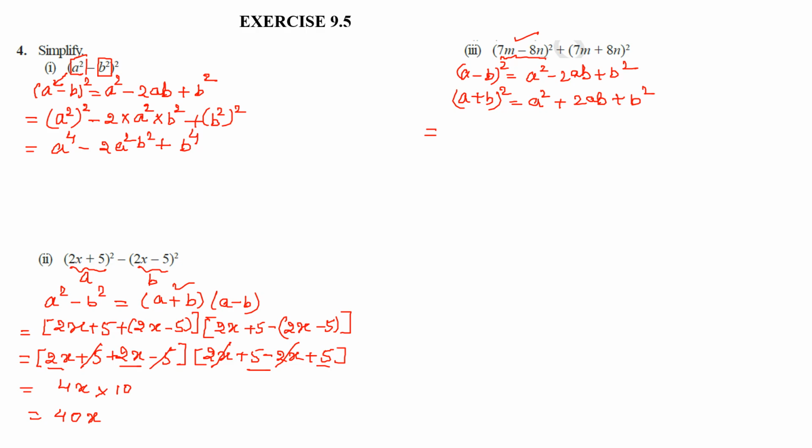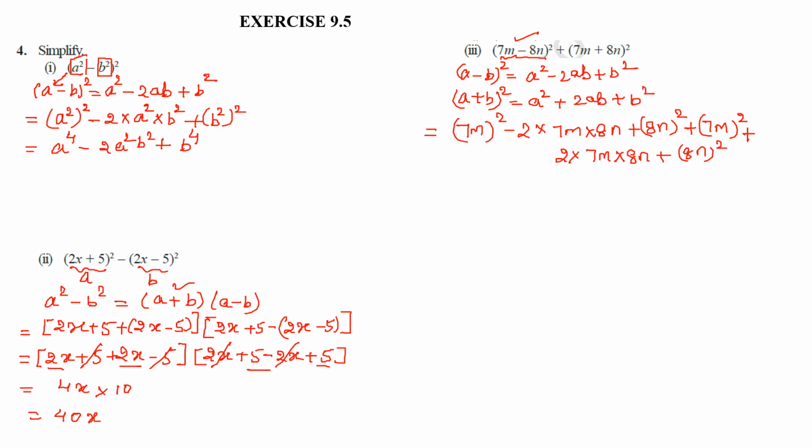So it will become (7m) whole square minus 2 into 7m into 8n plus (8n) whole square, plus, now for the second expression (a plus b) whole square, it will be (7m) whole square plus 2 into 7m into 8n plus (8n) whole square. Okay.